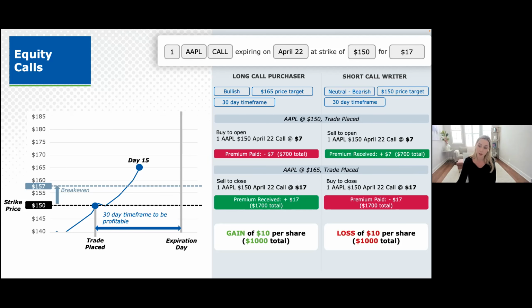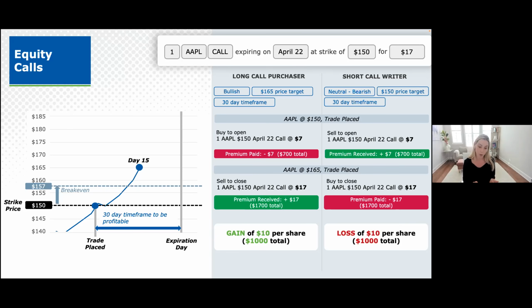But remember that time value component is there. So that's why the price is what it is. And say both decided to close in this scenario. This is where it's that risk profile, if you will. There was a gain of $10 total for the long option holder and a loss of $10 per share, $1,000 total, excuse me, for the short call writer in this case.